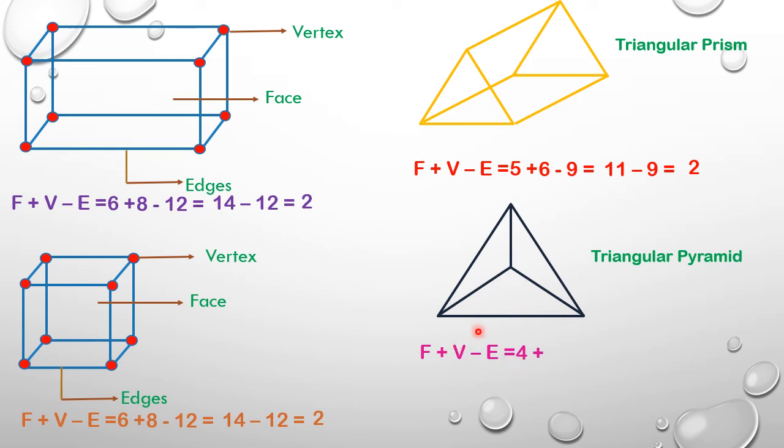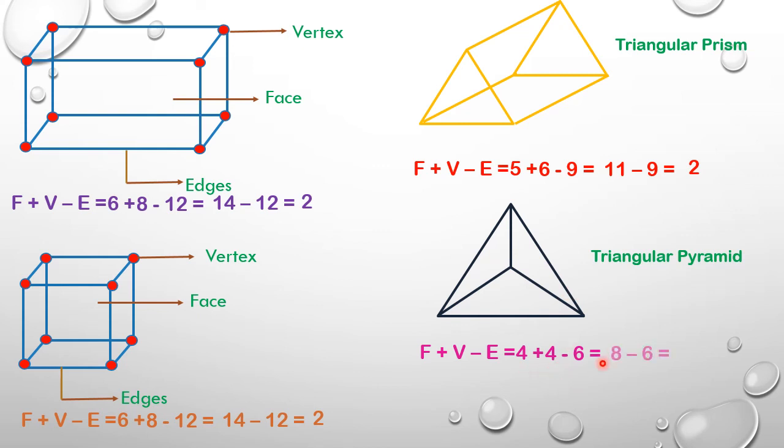Then how many vertices are there? This one 1, then 2, 3, 4. So totally 4 vertices. Then how many edges are here? We have to count the number of lines. 1, 2, 3, then 4, 5, 6. 6 lines are here. These 6 lines are called edges. So 6 edges are there.